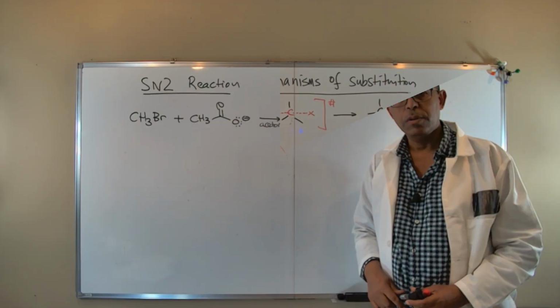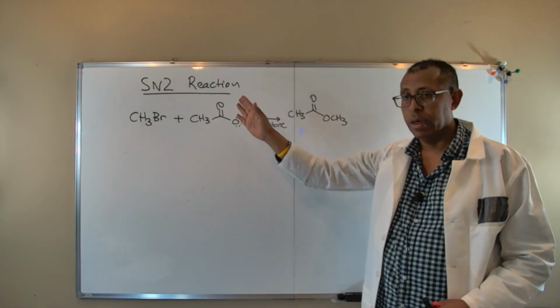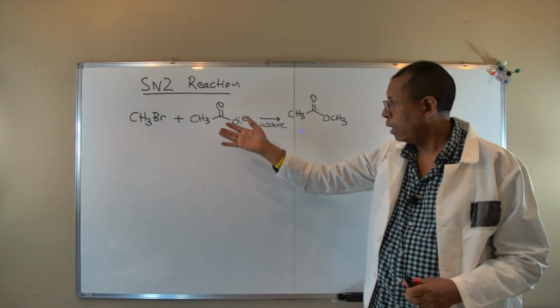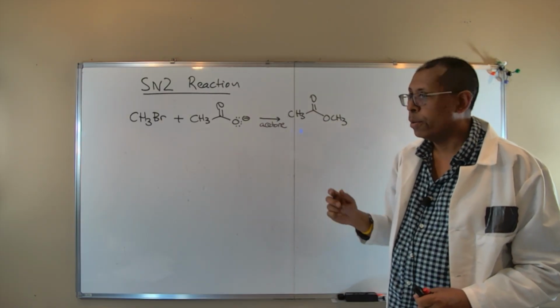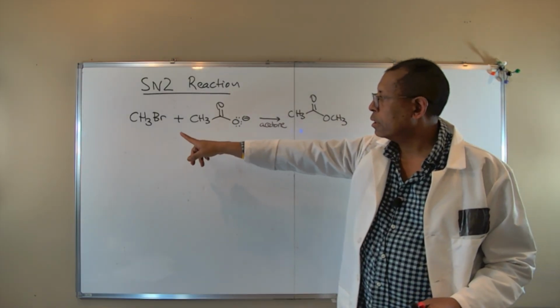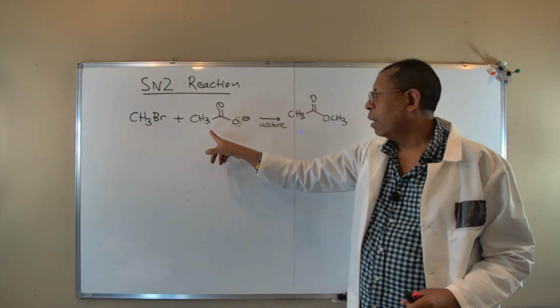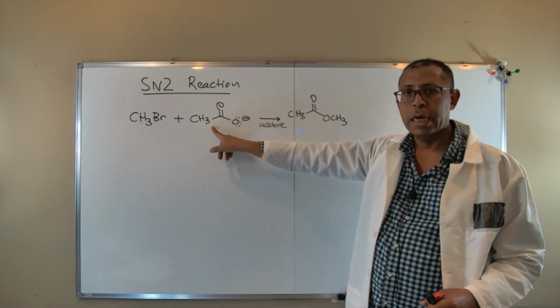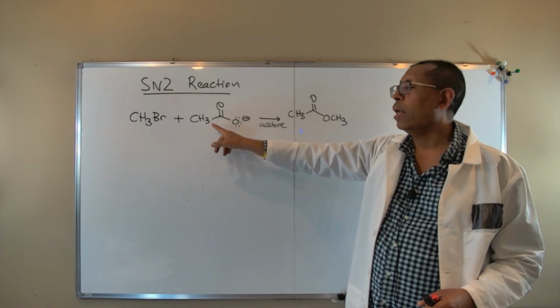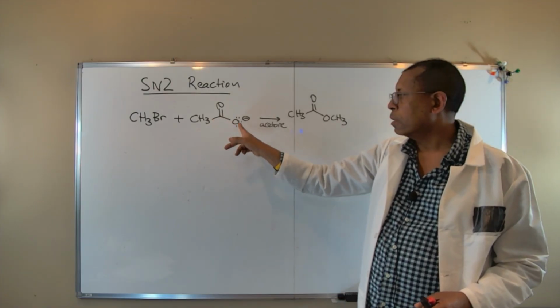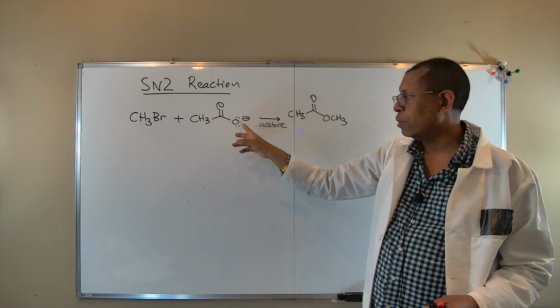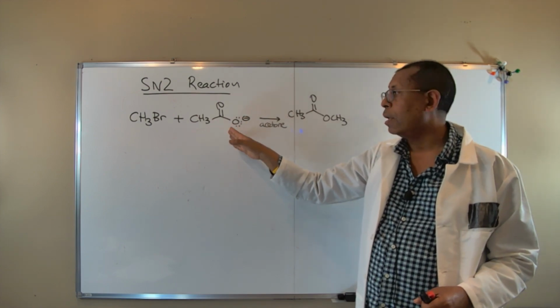Let's continue with the SN2 reaction. These are real life examples. For example, this is methyl bromide. It's an alkyl halide. You have an acetate anion used as a nucleophile because you have O minus, even though it's not a very strong nucleophile.